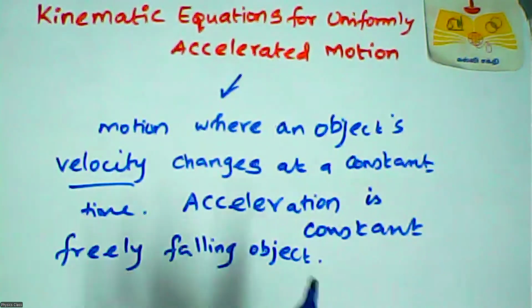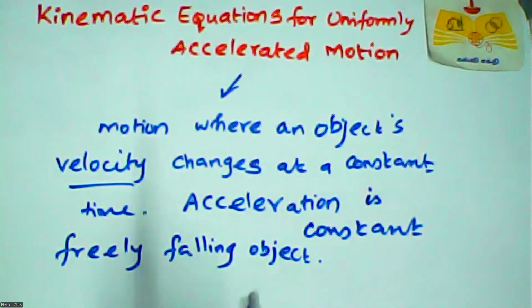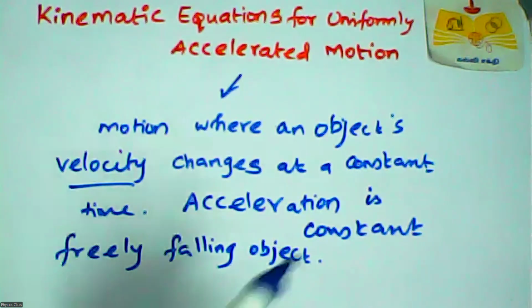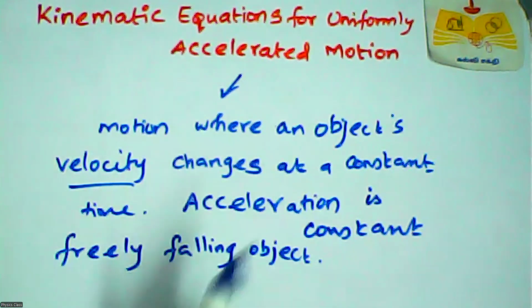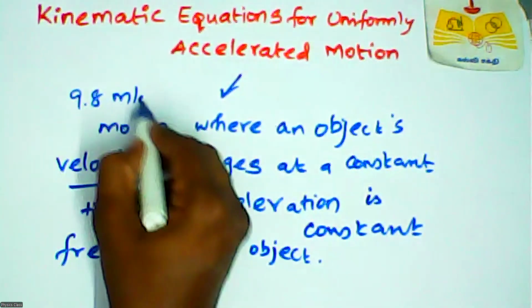If you throw one ball or one stone upwards, it will come back to the ground. Why? It is due to gravity. So gravity provides a constant acceleration. Already you know that it is 9.8 meters per second squared.